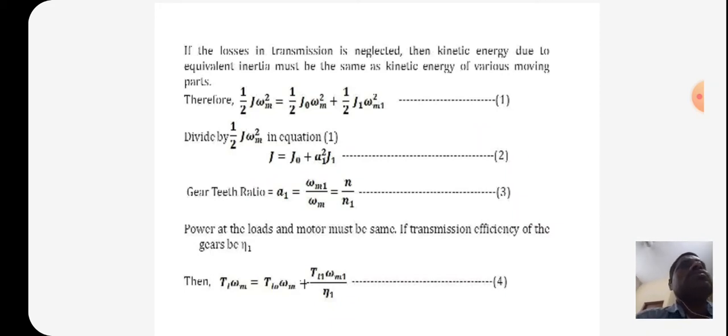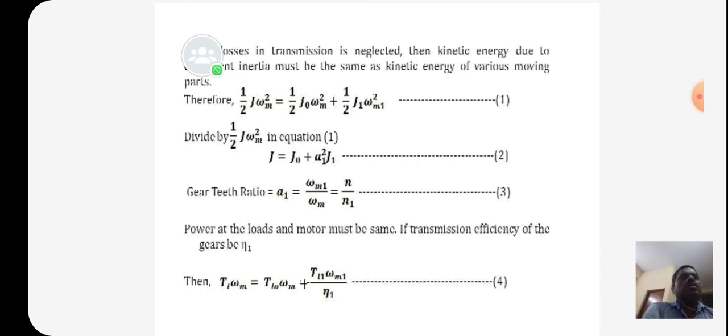Now, when the torque is calculated, the equivalent torque of the motor which is connected with the gear: TL omega m is equal to TL naught omega m plus TL1 omega m1 upon eta 1. Here eta 1 is the efficiency of the mechanical gear which is connected with the motor load.